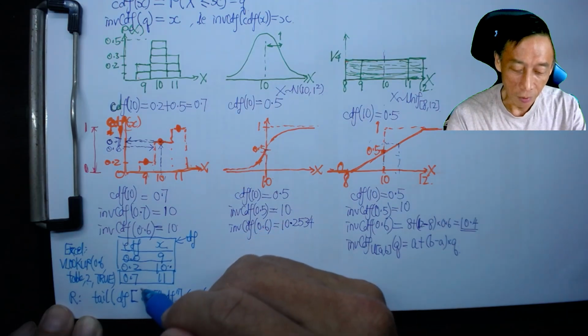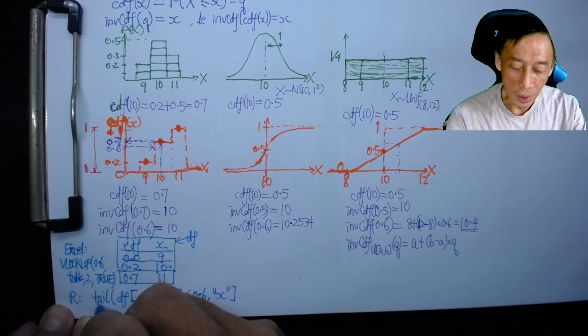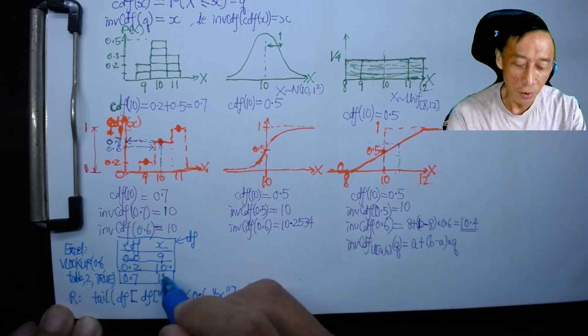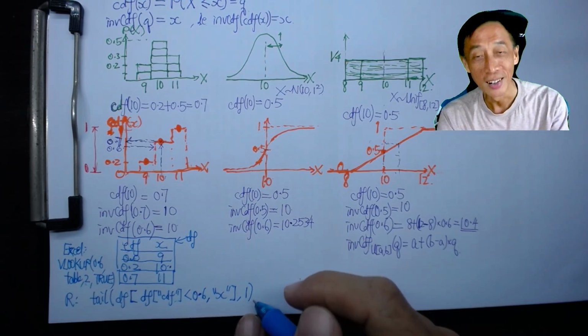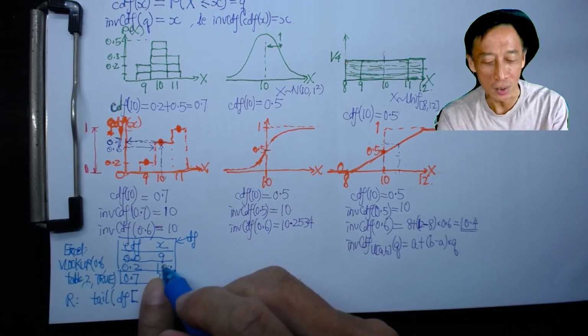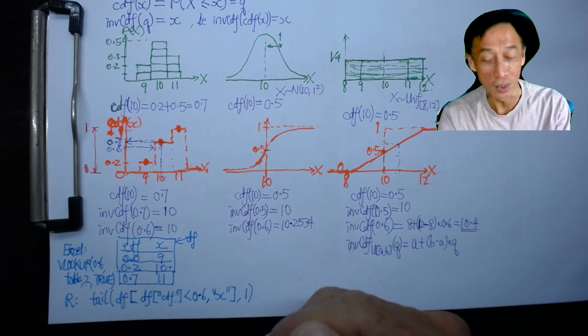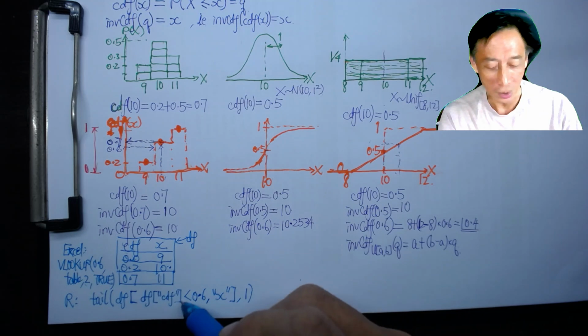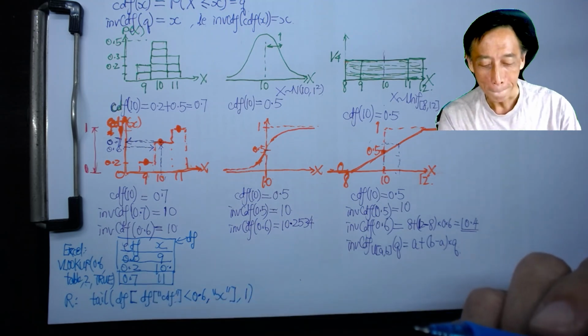And we say take the tail, the last one. That means we just take the last value 10. So you put a 0.6 in there, the answer is 10. Because it's the last row, which is the largest possible value that doesn't exceed 0.6 given on the first column.